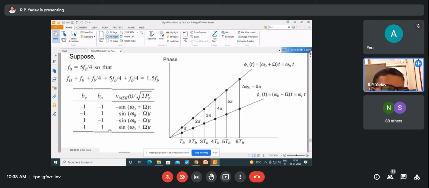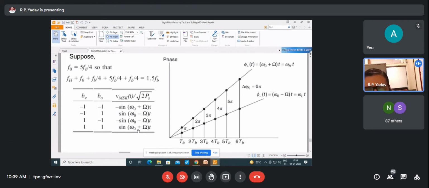And similarly, for 1 1, I will be transmitting sin(ω0 plus σ)t. So all 4 symbols have some frequency. Of course, you can convert them to sine also as and when required. In terms of sine, you can represent: -1 1 and 1 -1 correspond to the lower frequency, -1 -1 and 1 1 correspond to the higher frequency component.